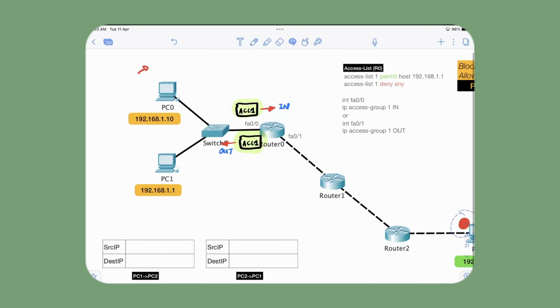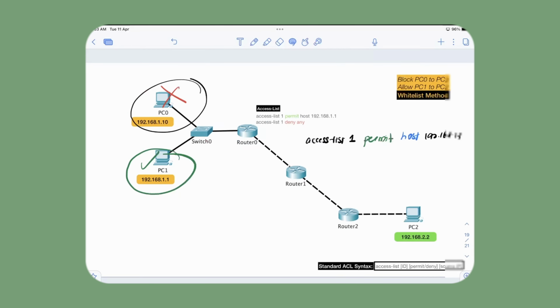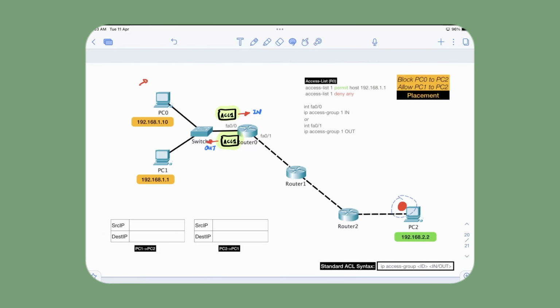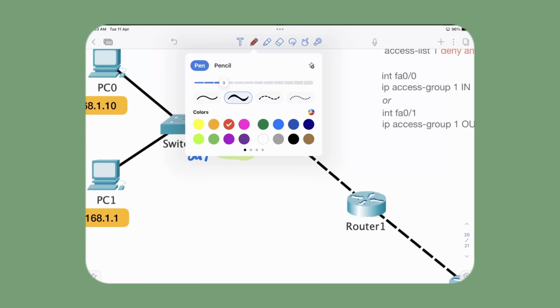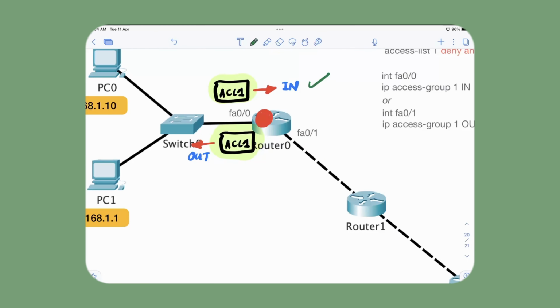This time is a bit different, because we have ACL. It means the router must now check whether I can send or I cannot send. When the data comes here, see how it goes. It flows from here into this router. This data is going inside. That means when we want to place the ACL, we have to choose in, not out, because the data is going inside.